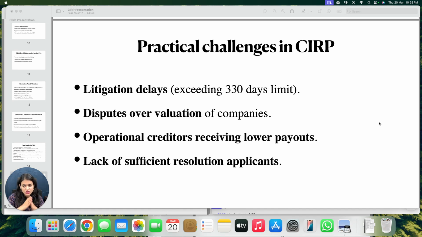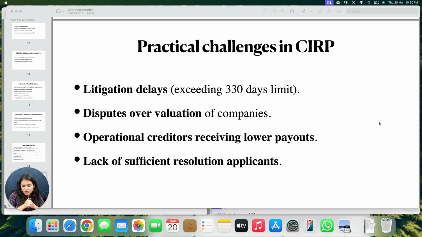However, if there is huge disparities in valuation, then a third valuer will be appointed, and whichever the third valuer comes closest to among the primary two, those two will be considered. But once these long drawn processes take place, the valuation also may differ. And if the valuation differs, naturally there will be disputes coming of it.